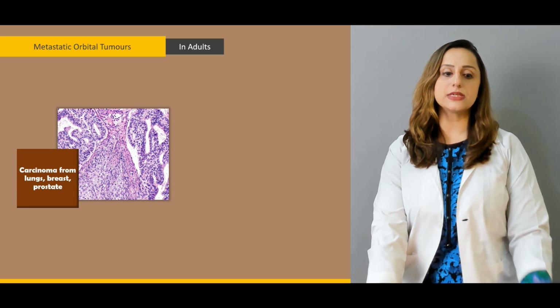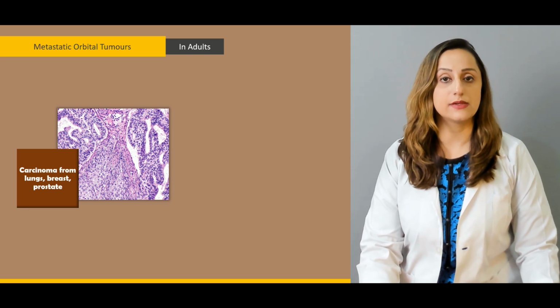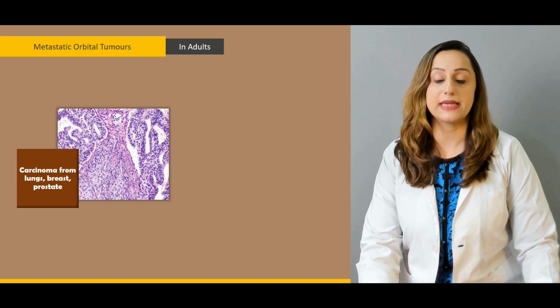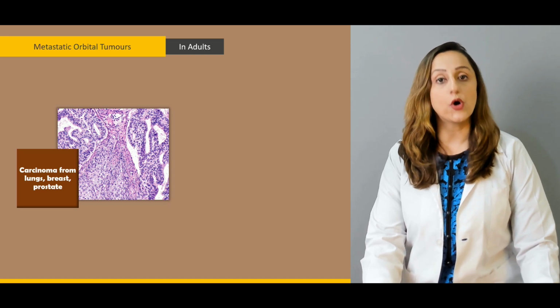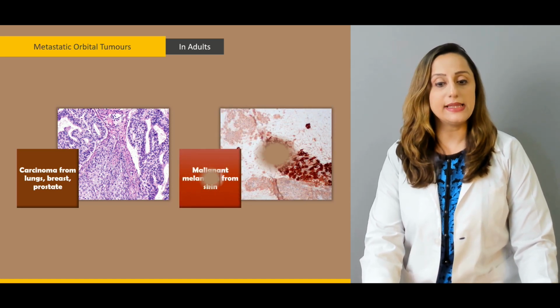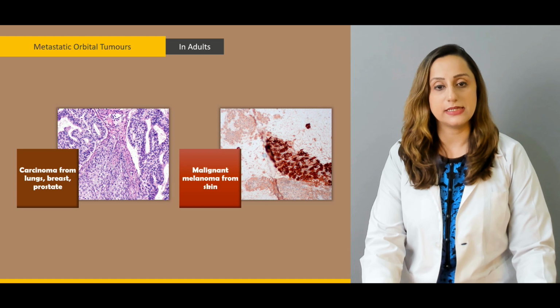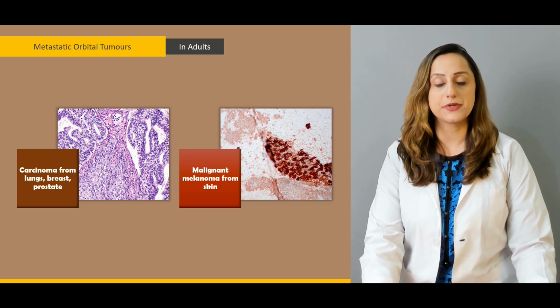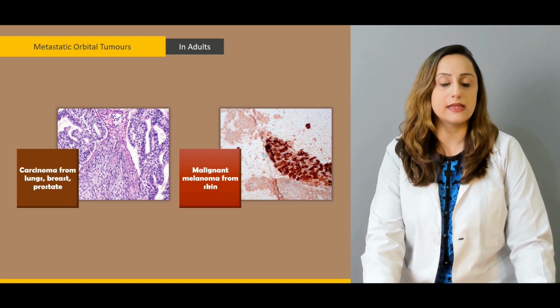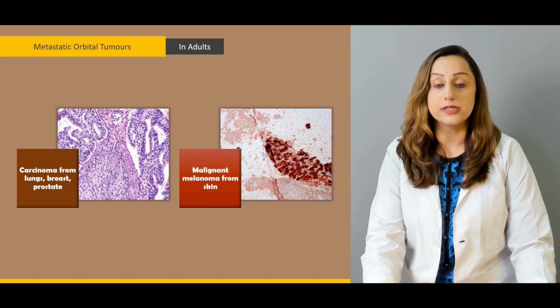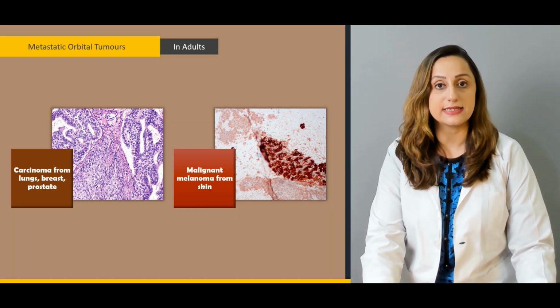So the carcinomas from the lung, breast, and prostate can also metastasize to the orbital cavity, as well as the malignant melanomas from the skin. All of these presentations can be in an adult individual as well as in infancy.